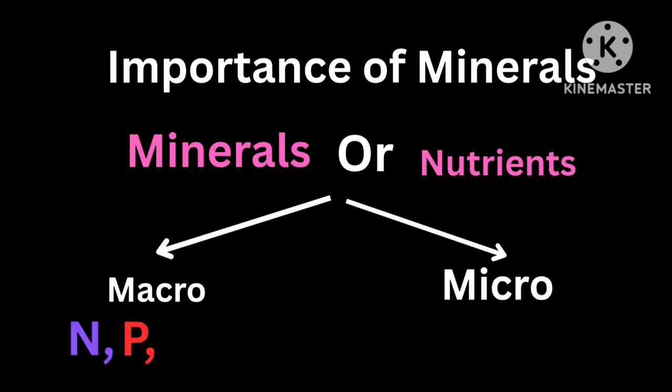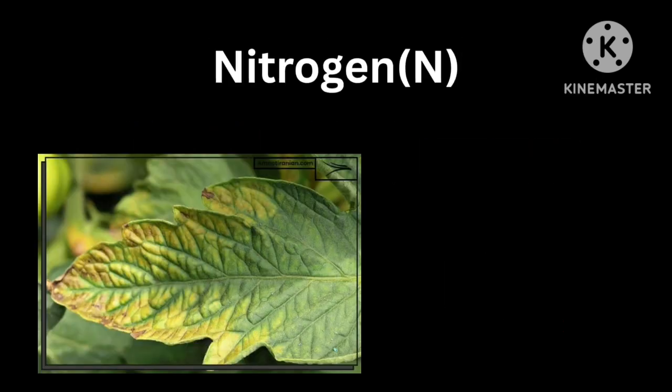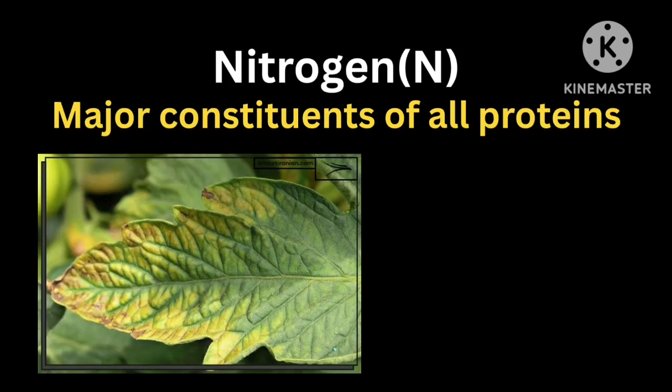Macronutrients are required in larger amounts. Micronutrients are required in very small amounts. Here we discuss three types of macronutrients, that is nitrogen, potassium and phosphorus. For micronutrients, we also discuss three examples: iron, manganese and zinc. We will discuss their importance and deficiency symptoms.